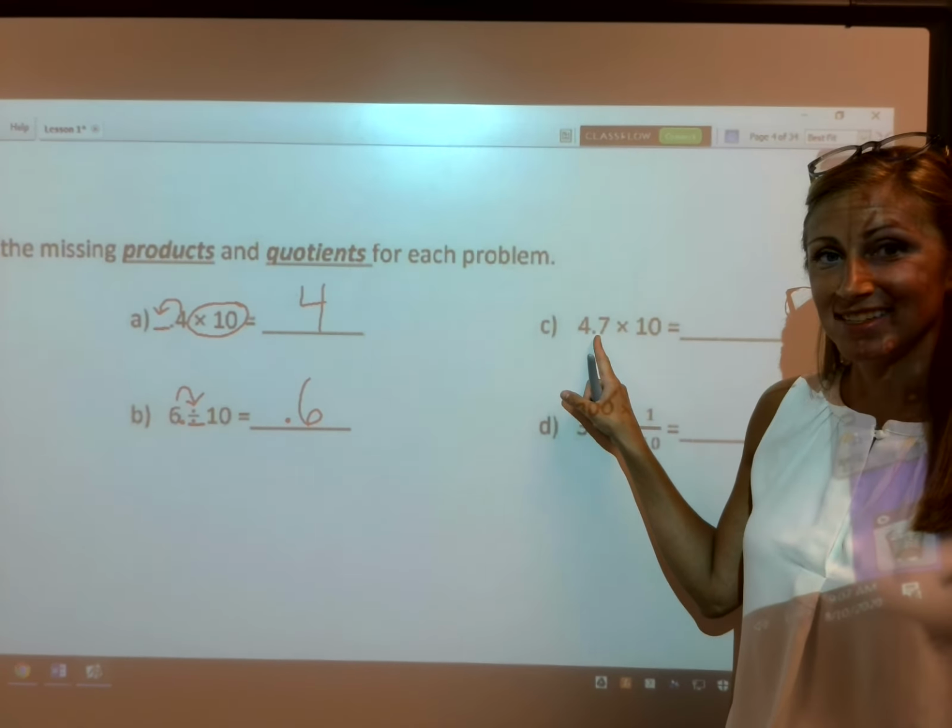Okay, what's happening to this 4 and 7 tenths now that we're saying it correctly? Well, it's timesing by 10. And if every place value is worth 10, this 4 and this 7 is going to move which way? Both of them have to move. You said to the right.